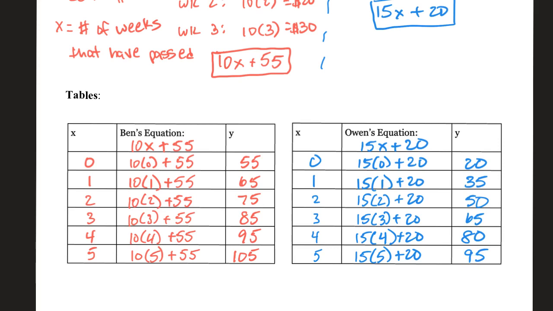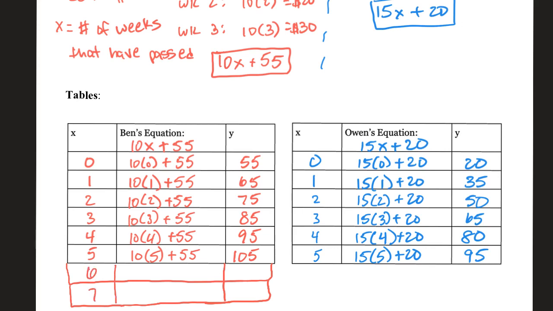So we just need to add a couple more rows to this. So let's go out to 6 and then 7 just to add a couple.